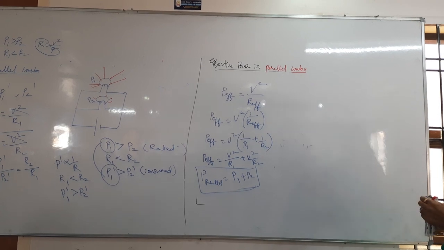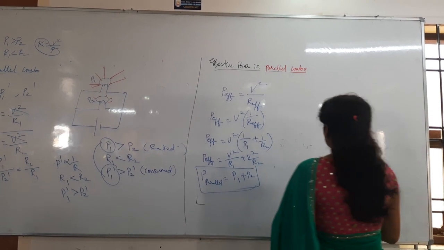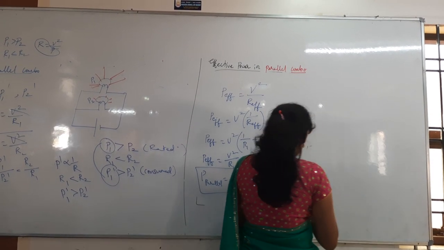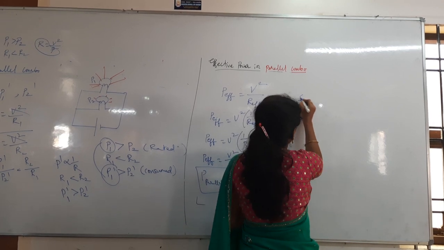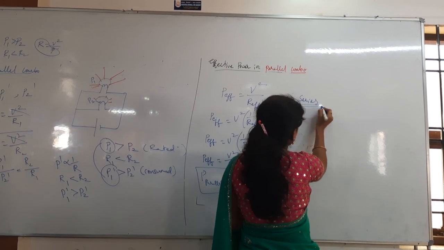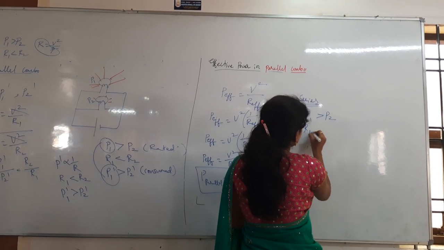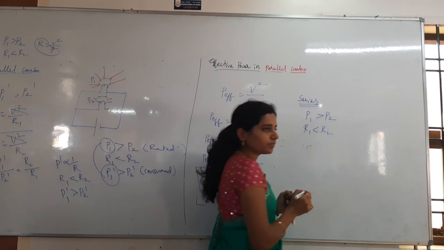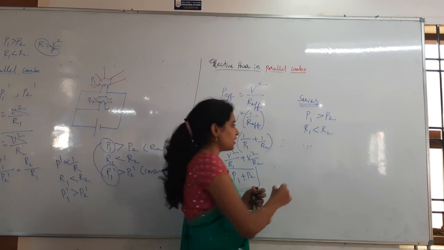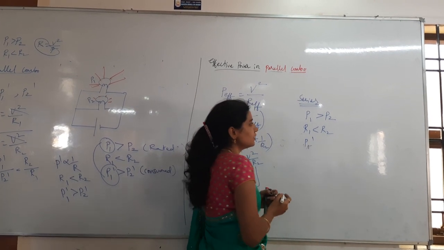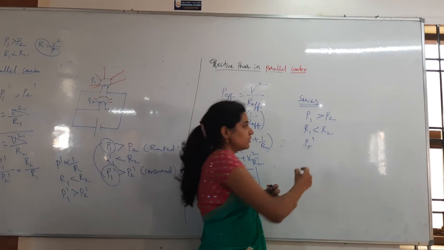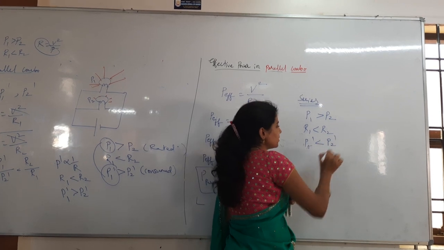See, we will write the conclusion terms here. In series combination, you have to tell the relation. In series combination, of course P1 is greater than P2 and R1 is less than R2. There is no change in that. In series combination, P1 dash is less than P2 dash.